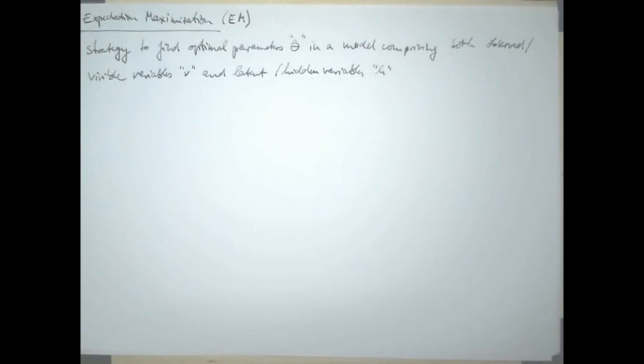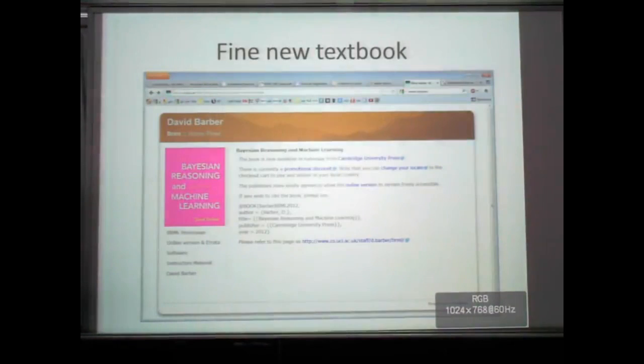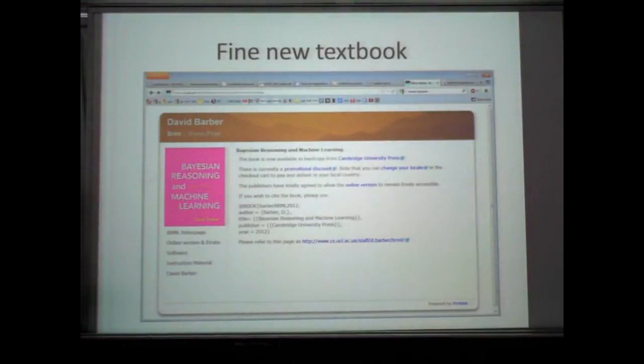And in this part of the lecture, I'm going to follow closely a new textbook. This has come out a few weeks ago, written by David Barber, called Bayesian Reasoning and Machine Learning, and there's also a PDF version available online.